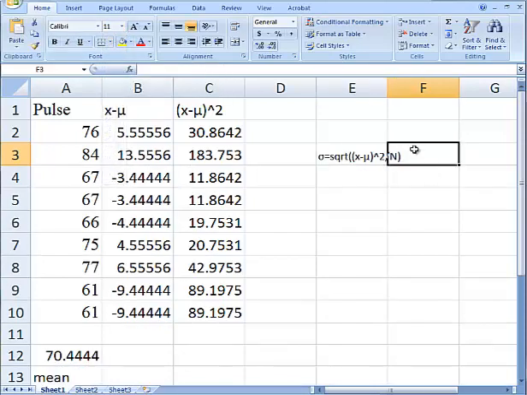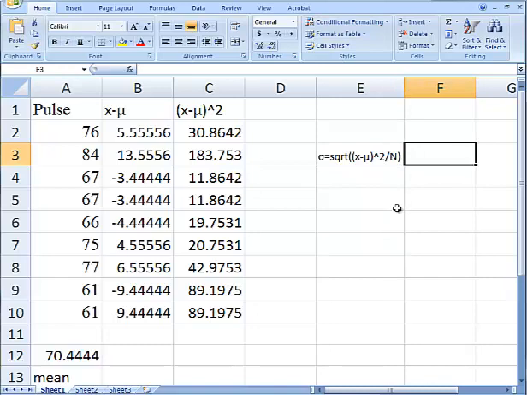There we go. Okay, that's our formula to find standard deviation.